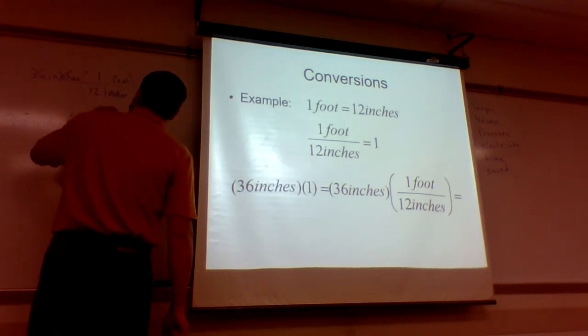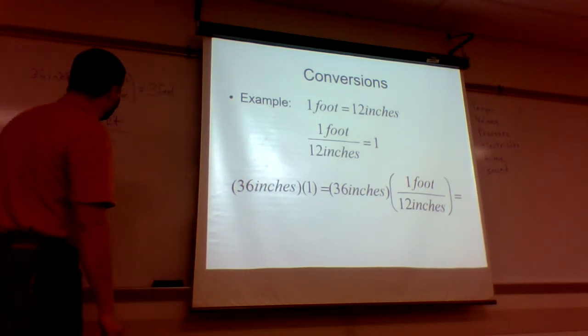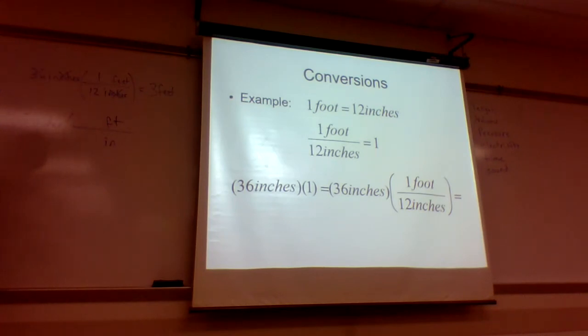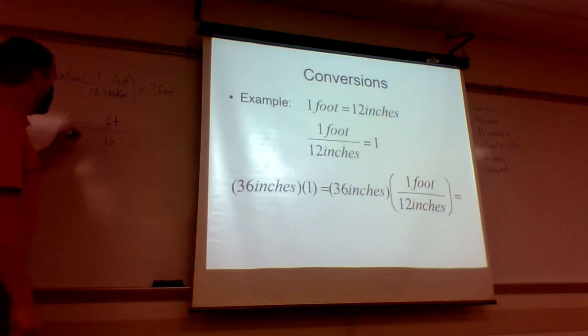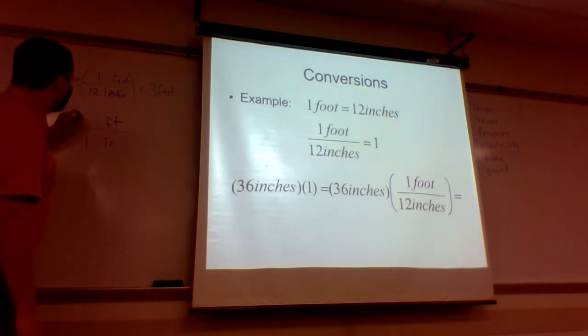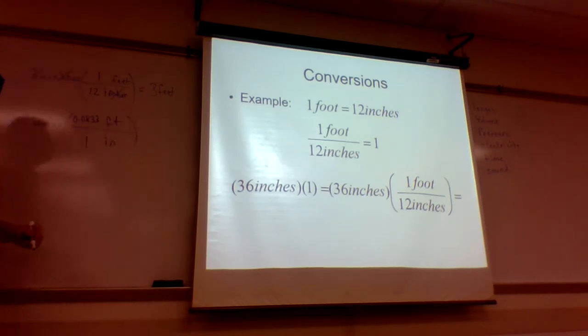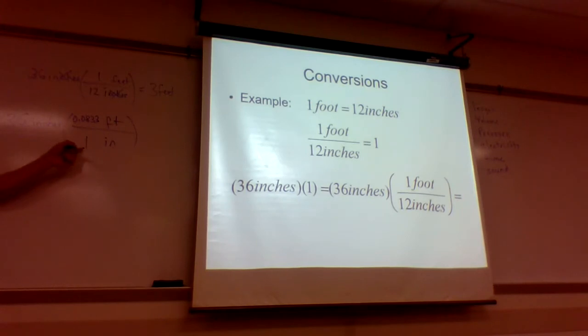Again, I need something that's got feet in the numerator and inches in the denominator. I could just as easily say that 1 inch is 0.0833 feet, and that's a true statement. And this is the same quantity top and bottom, because I just checked it on my calculator. I took 1 divided by 12, and this is what I get.